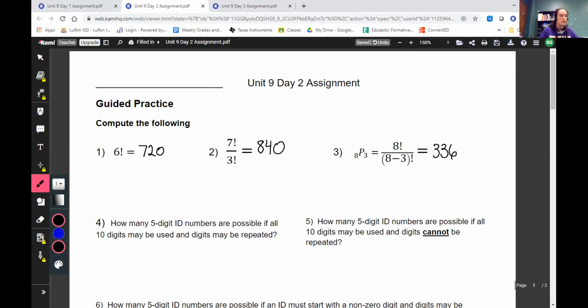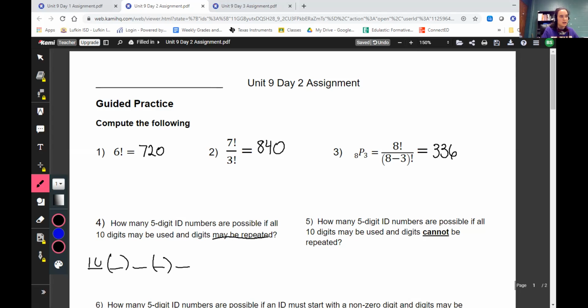Number 4, how many 5-digit ID numbers are possible if all 10 digits may be used and digits may be repeated? So on this one, we can repeat digits. And we have 5 places to fill. So we're going to write down 5 spots. And then we can repeat.